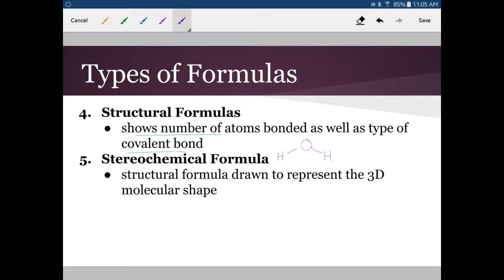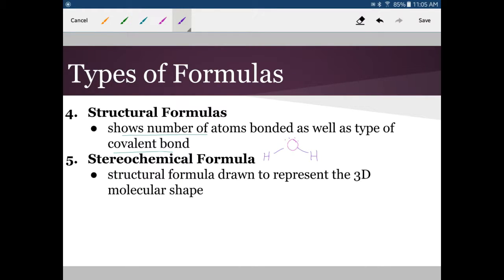Notice I've replaced my bonding electrons, or my dots, with bonds. Sometimes you may see 2 extra electrons here and here to show the lone pairs, but I don't like to include those in structural formulas because that's a blend between a structural formula and a Lewis formula.